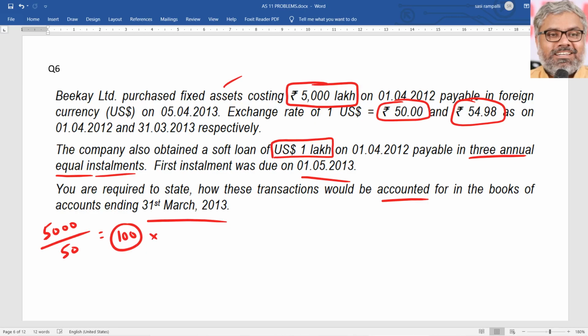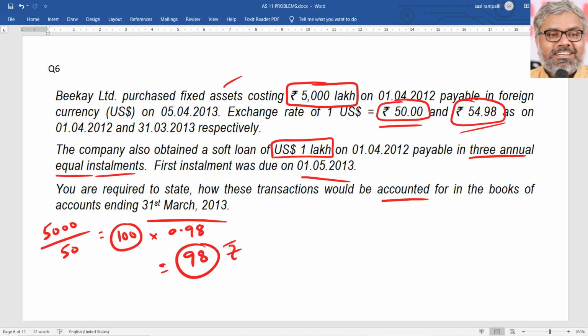On the 100 lakh dollars, 0.98 rupees per dollar is a loss. Once again, here also a loss, because the rupee has depreciated here also. That means 98 lakhs rupees. 100 lakh dollars, each dollar 0.98 rupees, means 98 lakhs rupees will have to be capitalized.